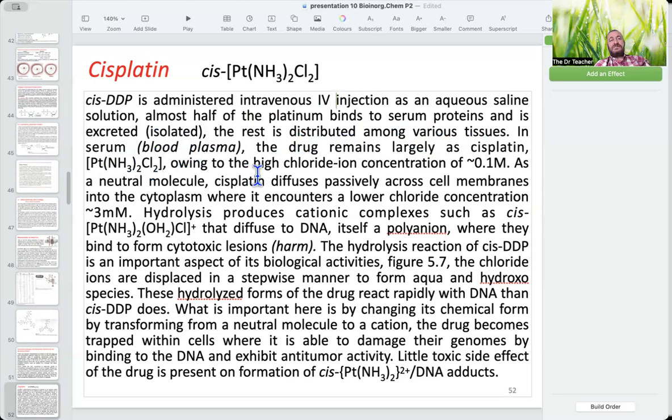In blood plasma, the drug remains largely as cisplatin, owing to the high chloride ion concentration, about 0.1 molar.